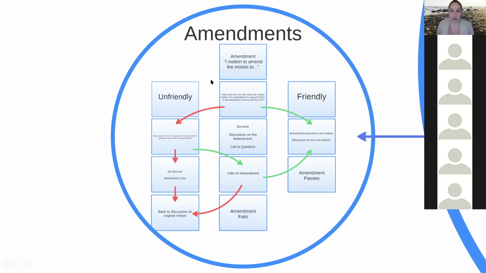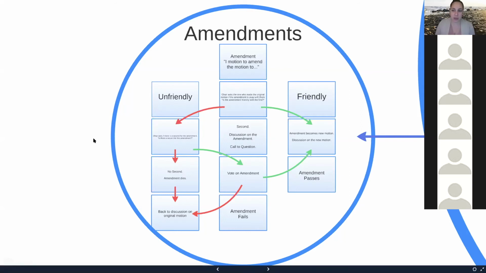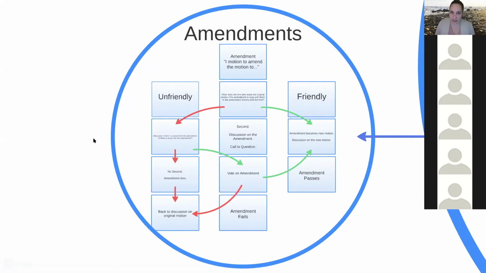And this is intended as a way to respect the intention of the person that made the motion and to have consensus on whether or not the amendment should be adopted, and if everybody agrees on that. So I'm going to pause there.